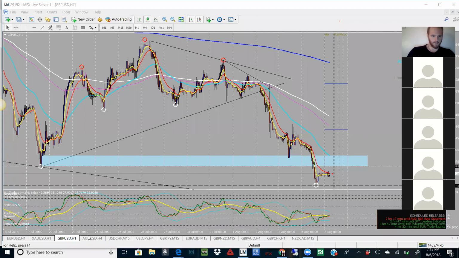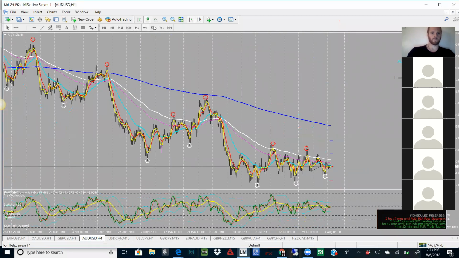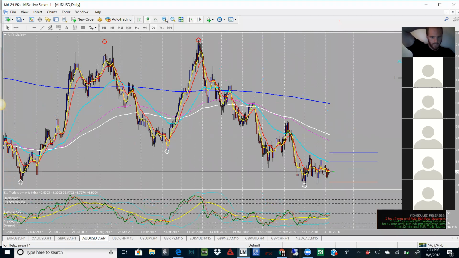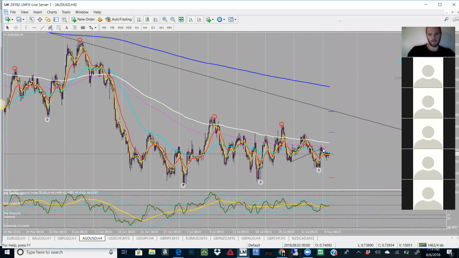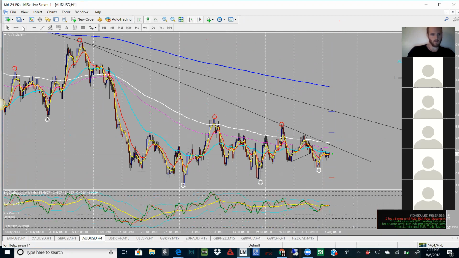Let's go to AU. AU has been respecting the fuck out of this trend line here. To a T, like it has been respecting. And it's been consolidating here. I can draw this.